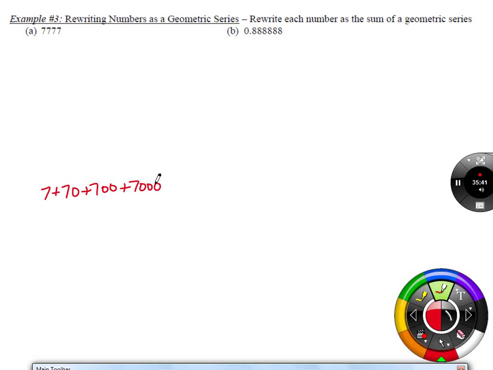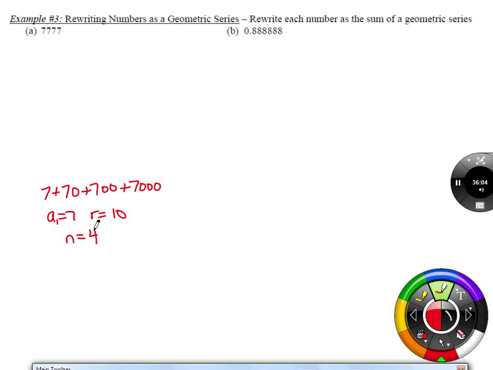So our first term is 7 with what ratio? What's your ratio between the terms here? 10, right? Times 10 gets you from one to the other. This one's not infinite. How many terms are we adding up? 4, right? There's a limited amount of things, 4 things.